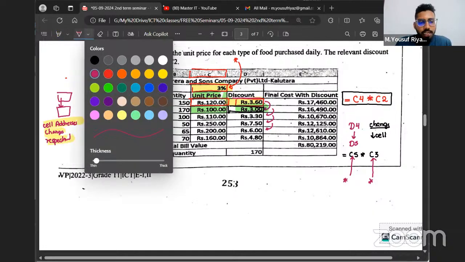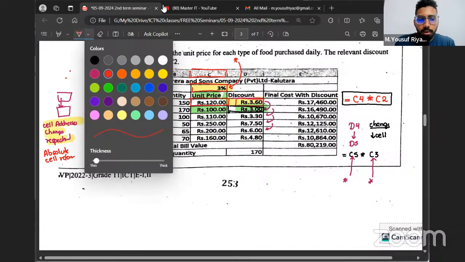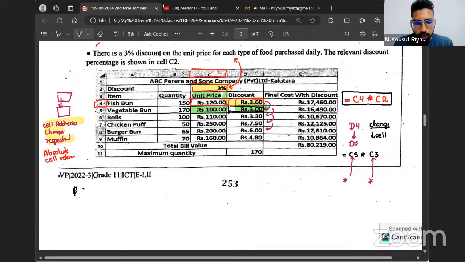That is by using absolute cell reference, the dollar symbol. If you want the row number not to change, you add the dollar symbol in front of the row number. If you want the column name not to change, you add the dollar symbol in front of the column name. And if you want both not to change, you add the dollar symbol in front of both.